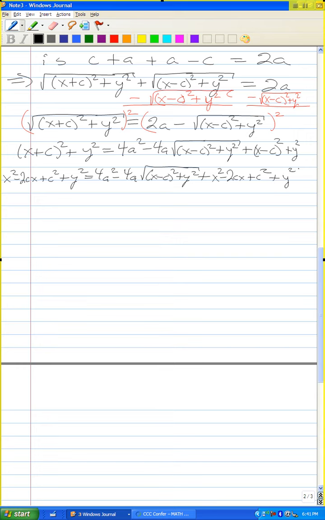Okay, so now let's do some subtractions. Minus x squared, minus x squared, minus 2cx, no, plus 2cx, minus c squared, minus c squared, minus y squared, minus y squared.